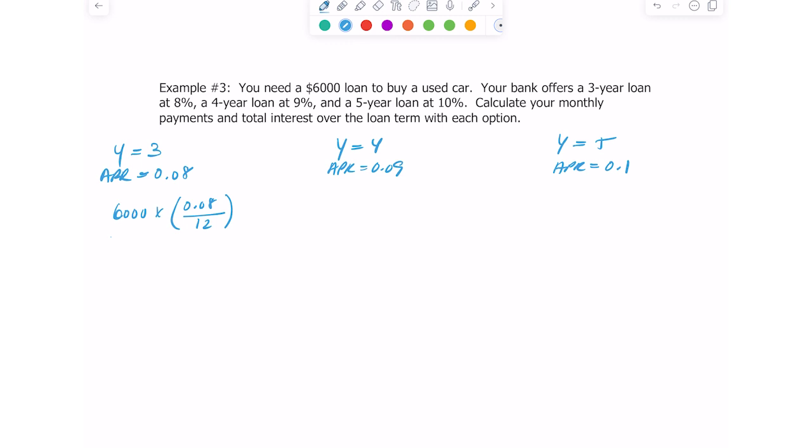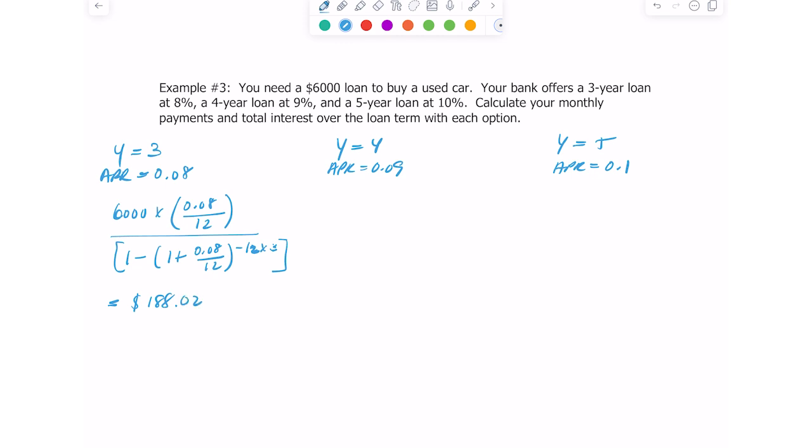And then we're going to divide that by 1 minus 1 plus 0.08 over 12 to the negative 12 times 3. And when you calculate that, you should get $188.02.